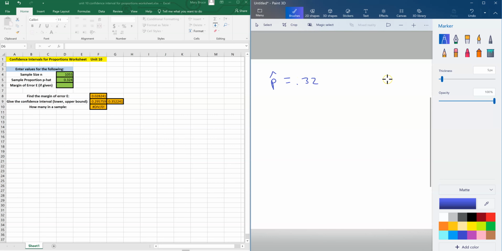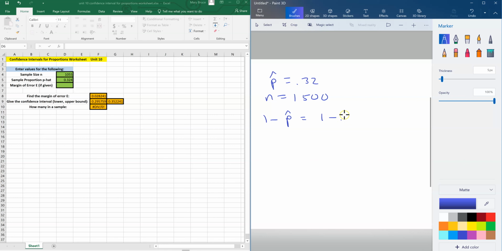And then if it says the study was based on responses from 1,500 athletes, then you know that your sample size is 1,500. And remember, if I did this by hand, I would find my 1 minus P hat right away.